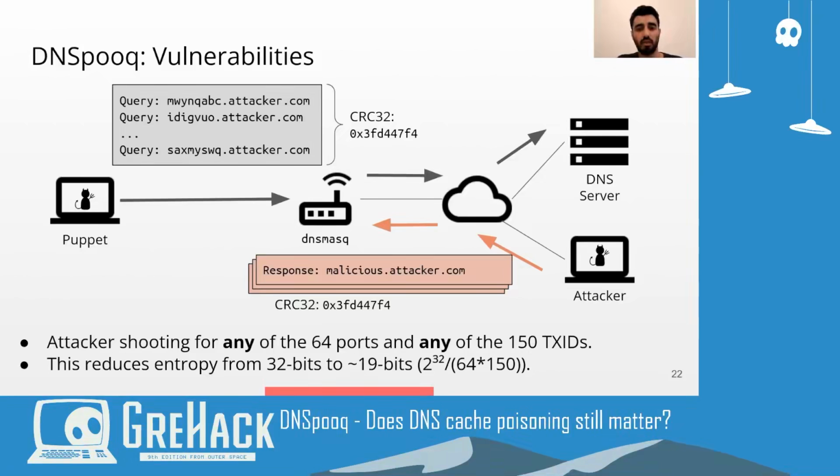Because the forwarded query's transaction ID and its source port are not linked, this is the first issue that we talked about, this reduces the entropy from 32 bits to about 19 bits, which is very much practical. In fact, we successfully implemented the attack within a few seconds to a few minutes.